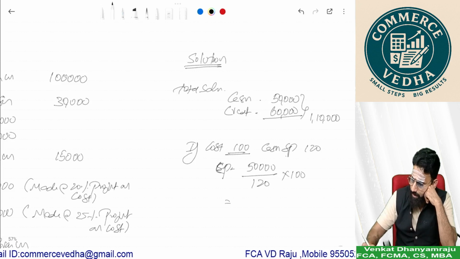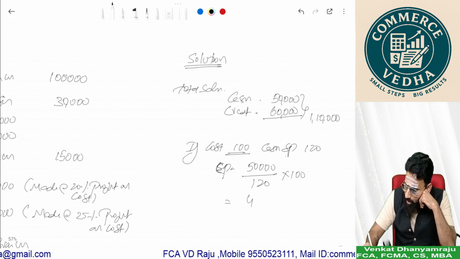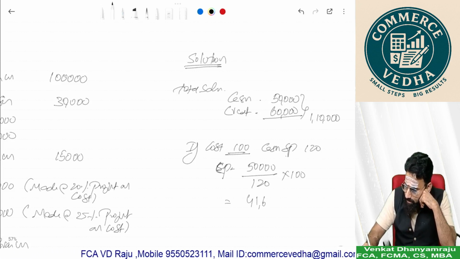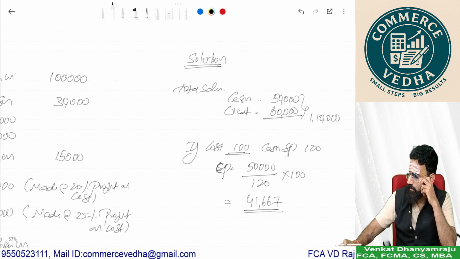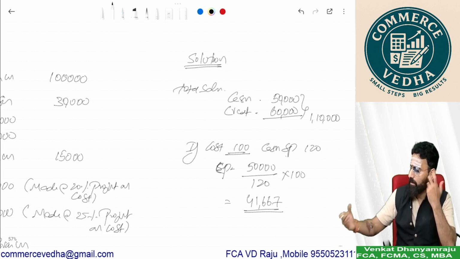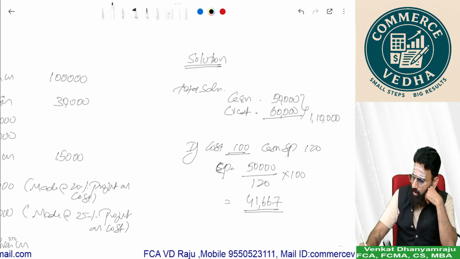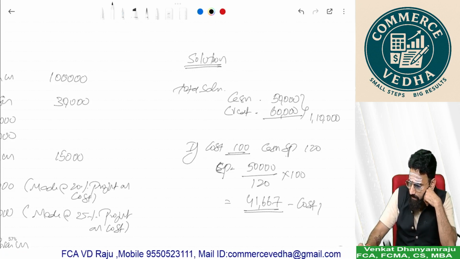The cost price is 41,667. Assume 41,667 into 1.2 is 50,000. So this is the cost price of cash sales, right?